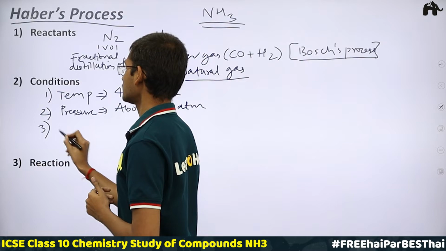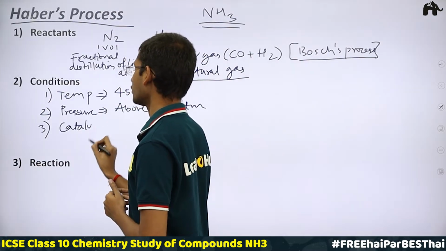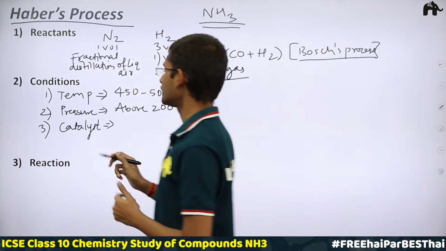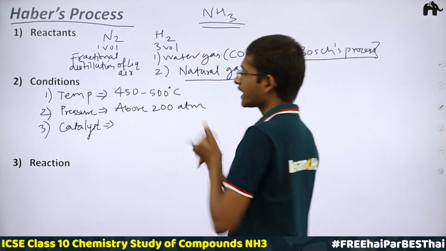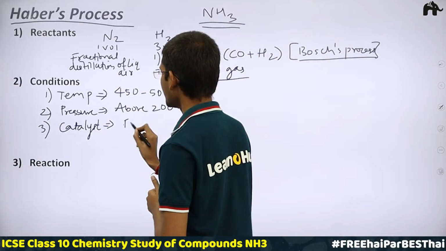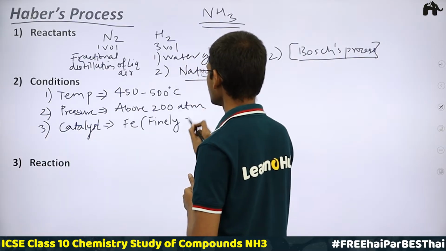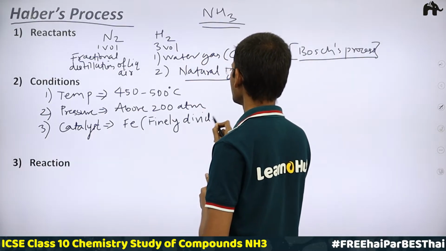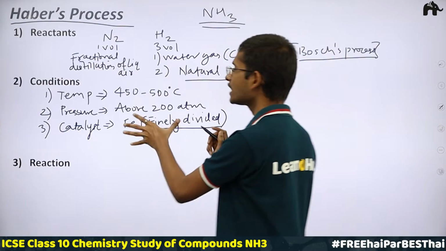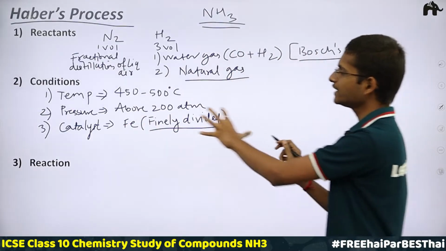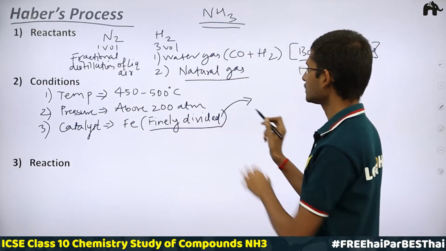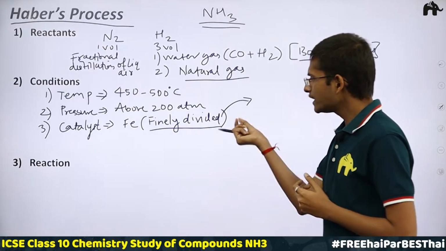Then catalyst is also required. So you would say, my god, this reaction has so many requirements, right? And in the catalyst we need iron, but how do we use this iron? We finely divide the iron and we use this finely divided iron as catalyst. We are dividing it very finely.